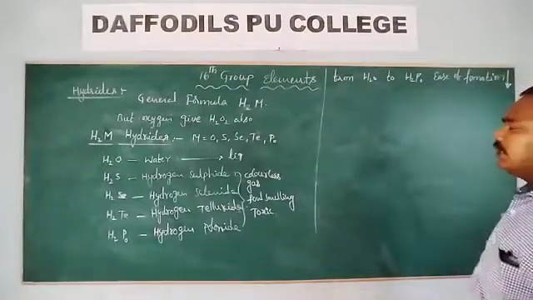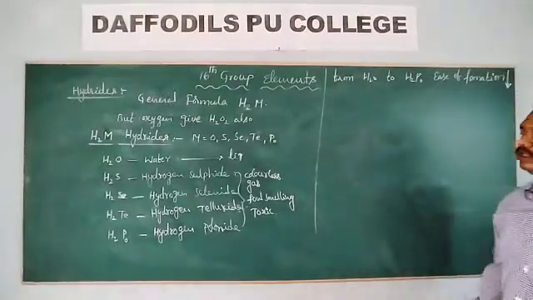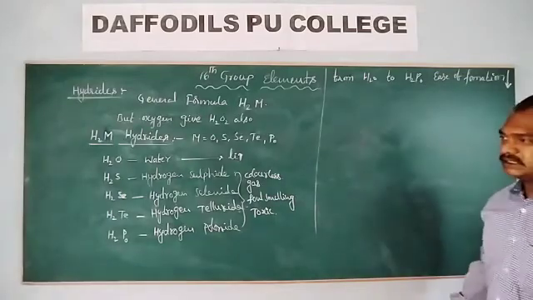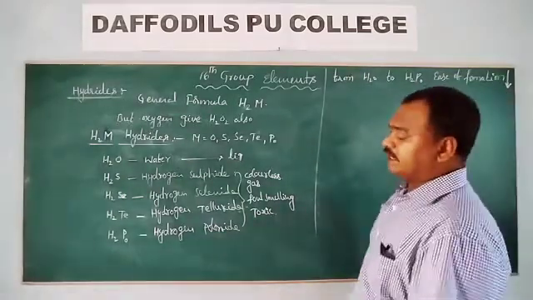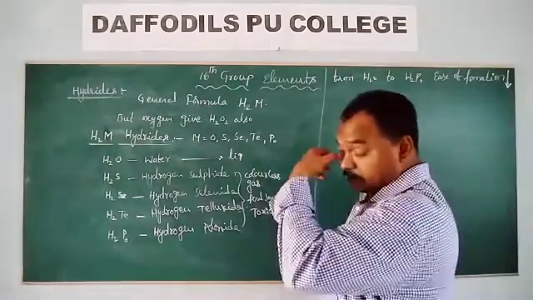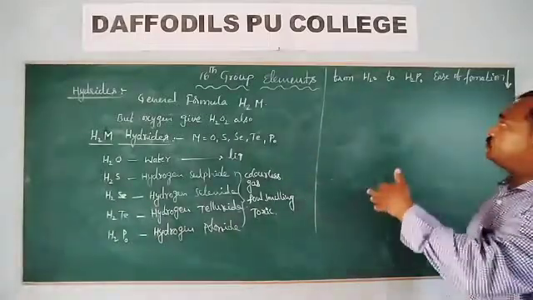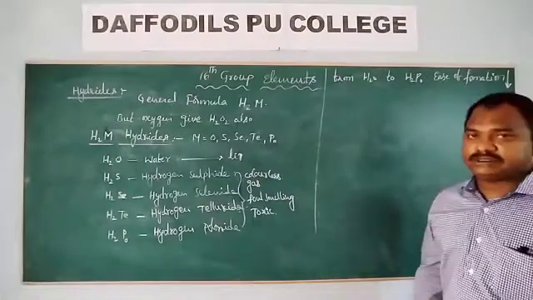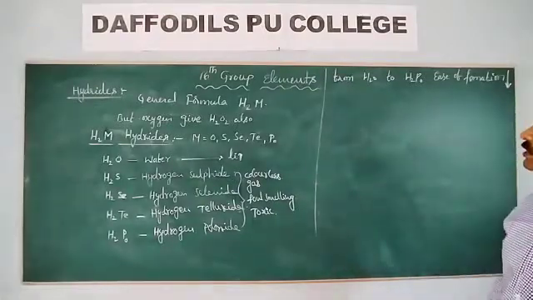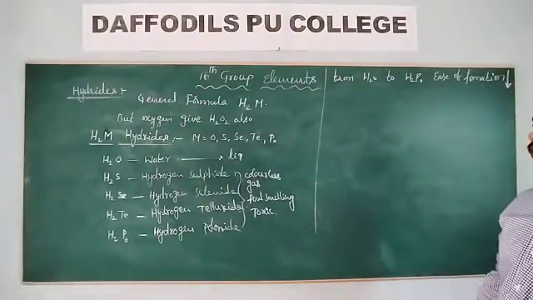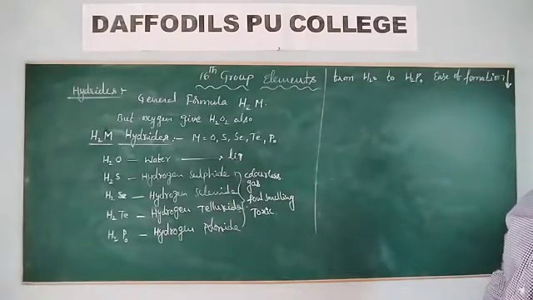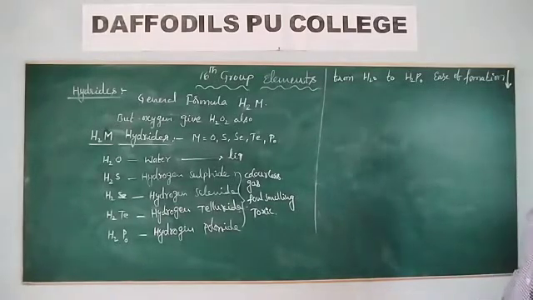It means that H2O is formed more easily than H2S, than H2Se, than H2Te and H2Po. H2O is formed easily, so formation of H2Po is somewhat difficult. Formation of H2O is easy.